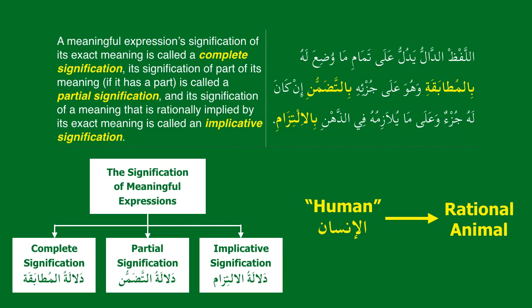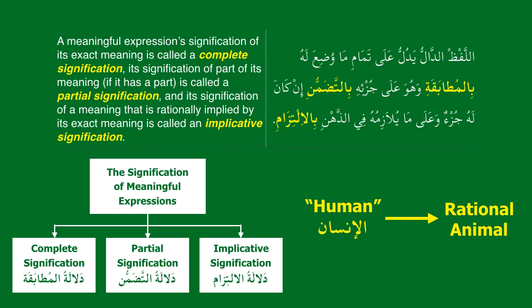So on the left hand side you have a verbal expression, human or insan. On the right hand side you have a mental meaning, which we are as logicians trying to get at with expressions, but the point is not the expression, the point is the meaning. Now, this concept in the mind, here it's a composite concept, it's not a basic concept.